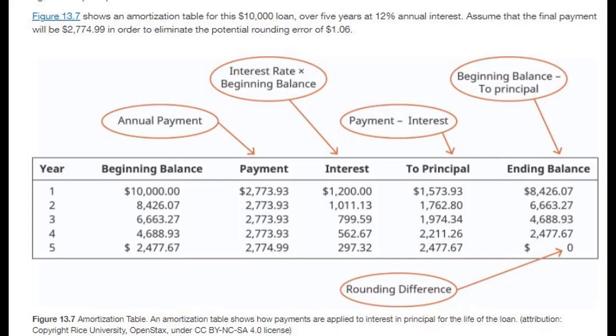Most of the time, when you look at these schedules, you do see that tiny dollar still owed at the end of the final year. And at that point, honestly, the lender, the bank, or the other financial institution usually says the dollar is on us. And so you usually don't wind up actually paying the dollar, although in this example, it seems that you do.